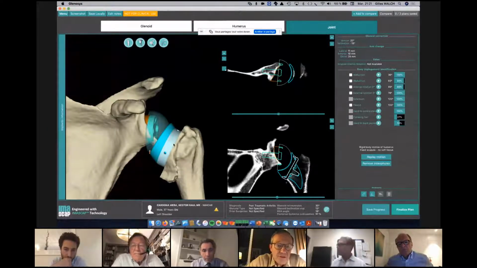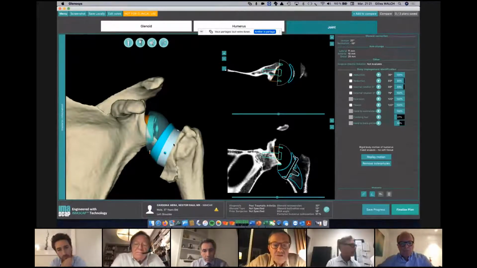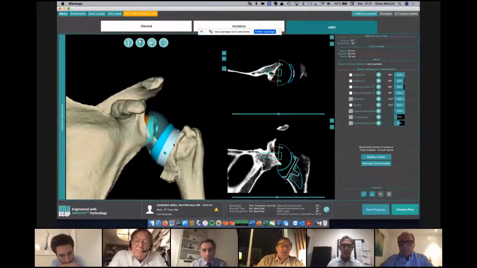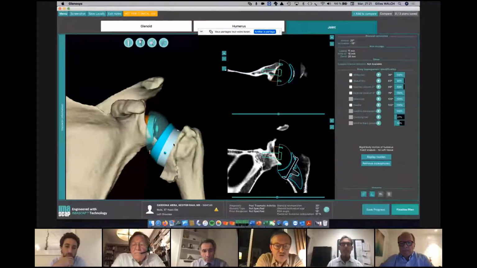So I would accept this lateralization. Also, I'm not sure it's exactly 11 millimeter, but yes, I do lateralize because I want to have glenoid lateralization, and with the only prosthesis, we have some humeral lateralization also.